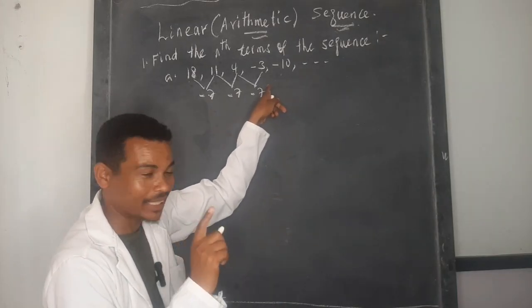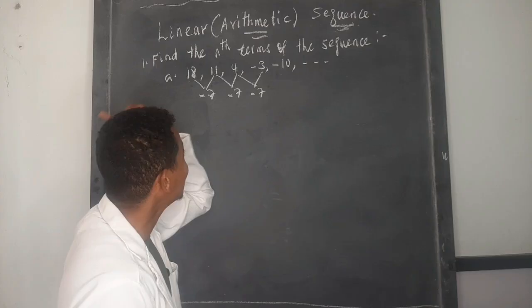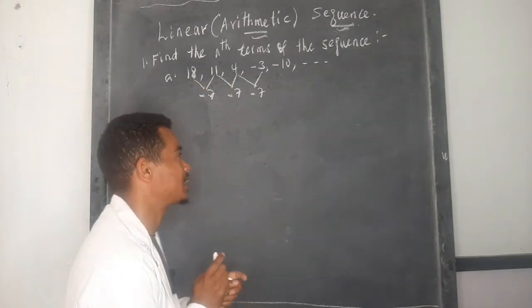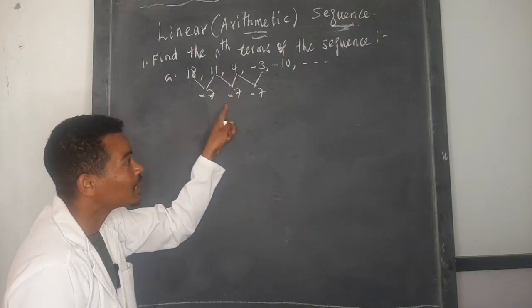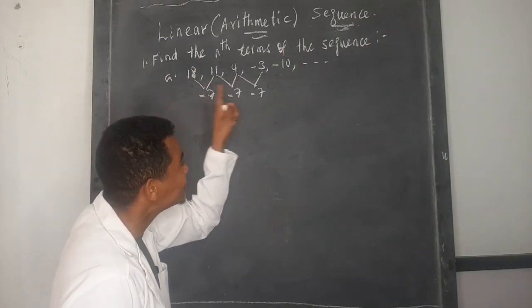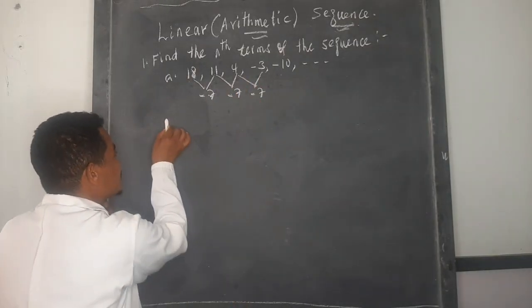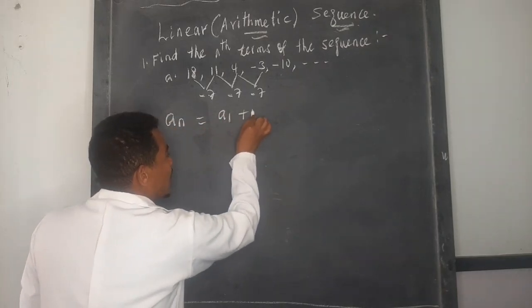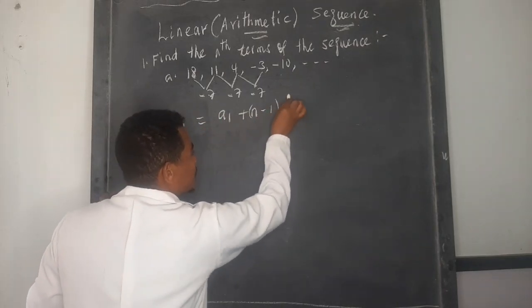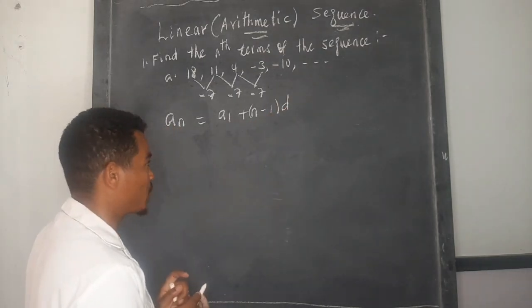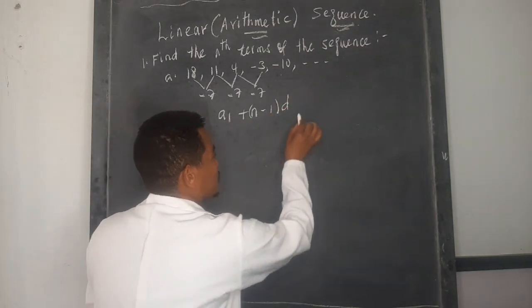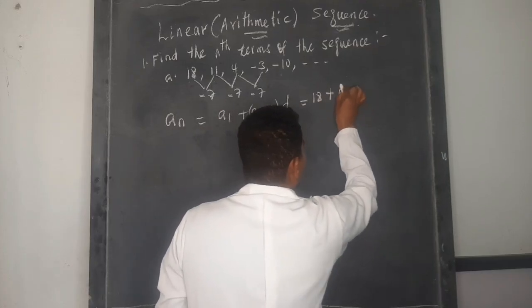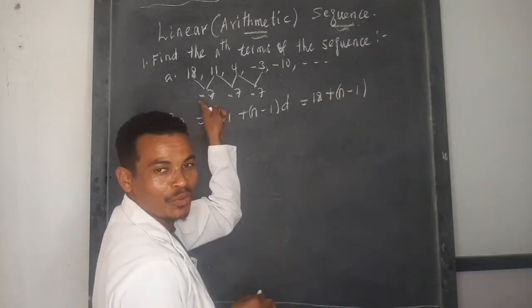We found the common difference first. If we find a constant common difference, the sequence is called arithmetic or a linear sequence. So the general formula for finding the nth term of an arithmetic sequence is an is equal to a1 plus n minus 1 times d. This is the first formula. So a1 is 18: 18 plus n minus 1 times d, where d is minus 7.